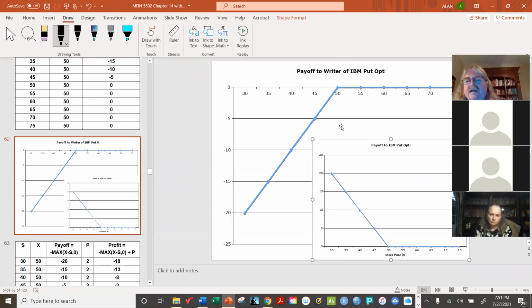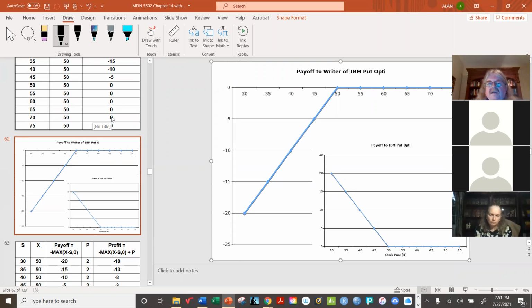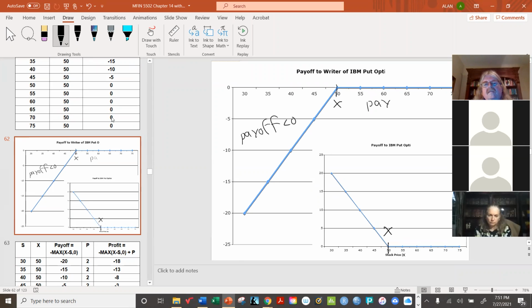Well, it's just what you think. I mean, you're just flipping it upside down. Okay, so the seller, you lose money if the price goes down. You break even up here, or at least your payoff is zero. All right, just the opposite of the put buyer.